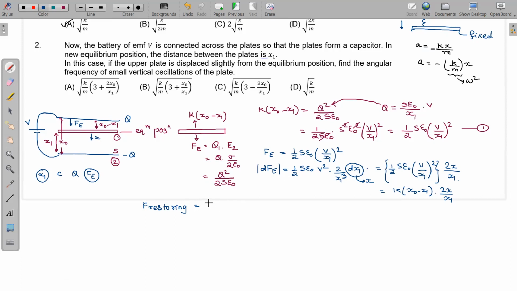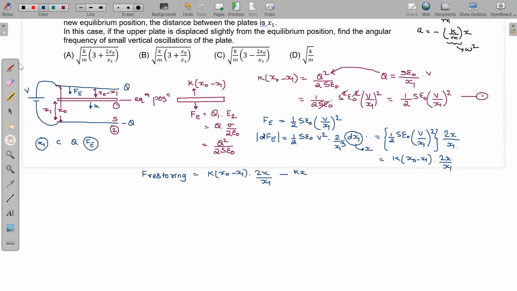So the change in electrostatic force is k times of (x naught minus x1) times of 2x by x1, minus the change in the spring force. So change in the spring force is simply k into x. x is the further elongation or further compression that you have created in the spring. So the restoring force due to the spring must be k times the value x.